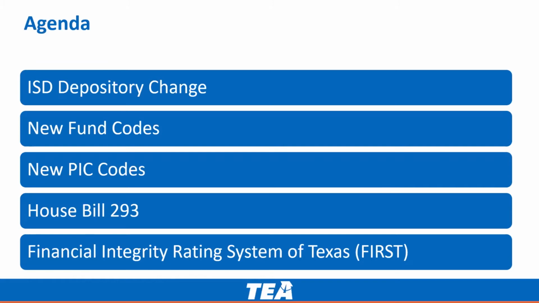So today, I'm going to briefly talk about the depository change that passed from HB 3, or actually it wasn't House Bill 3, but the 86th legislation. New fund codes. Hopefully you should all be aware that there are 2 new fund codes, and I'll discuss a little bit of the accounting for that because it's got a little confusing. Then the new PIC code that we added, and then House Bill 293, just a quick update on that, and then we'll jump into first and go over the indicators that are now in effect.